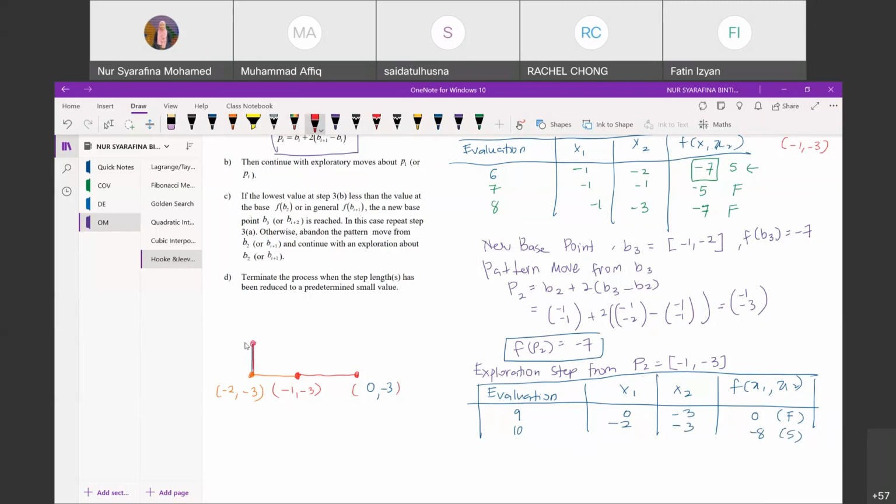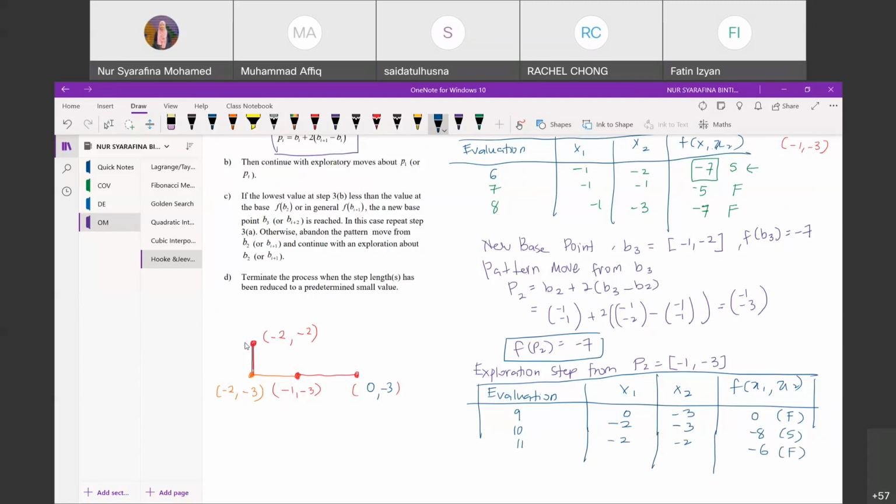Okay, so success, then just proceed upside, which is -2, -2. Evaluation at -2, -2. So your new value should be -6. It is not reduced. Then this is fail.